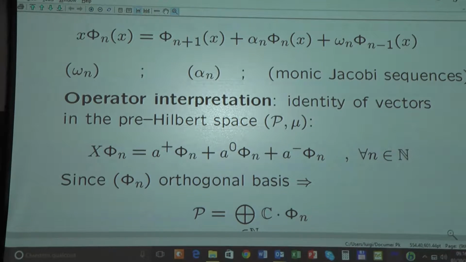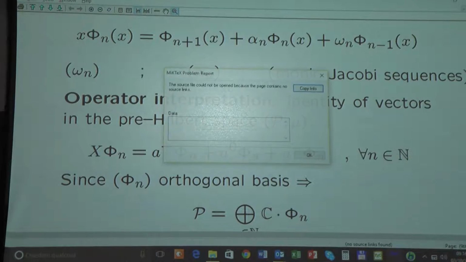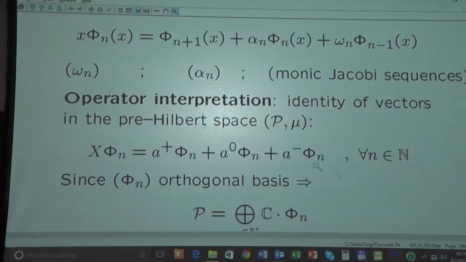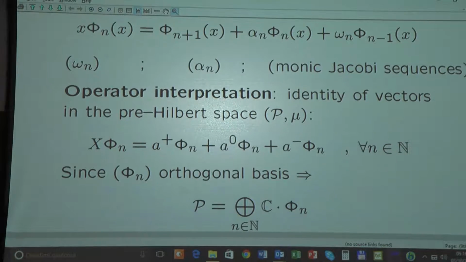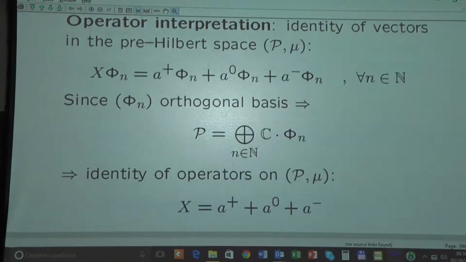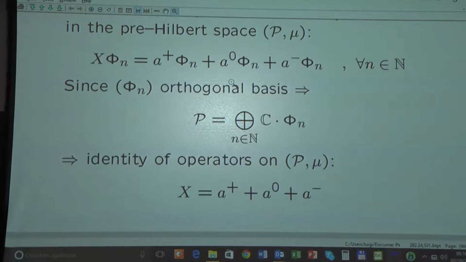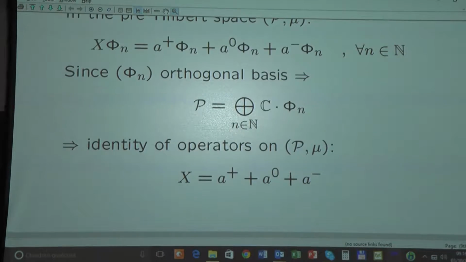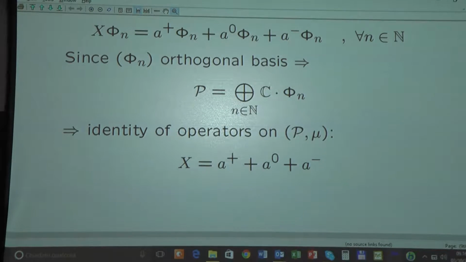Okay? Now, since this is an orthogonal basis, this identity, the Jacobi identity, becomes an operator identity. So the multiplication operator is obtained as a sum of three operators. Now remember, the multiplication operator is identified with the standard random variable, the classical random variable x.